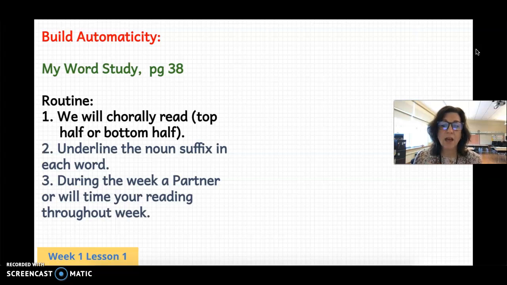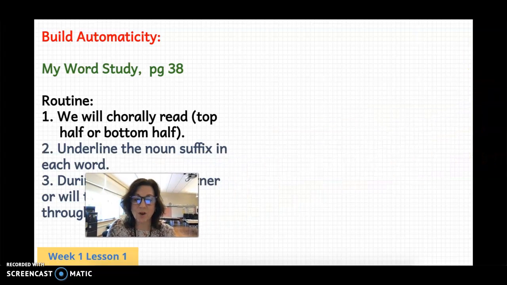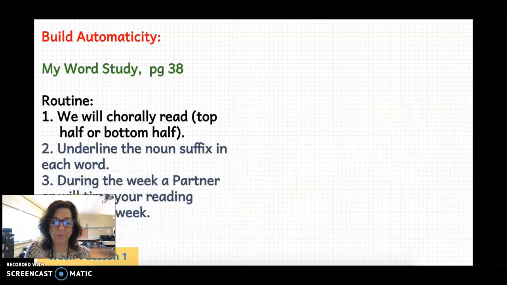And while we read, or actually after we read, I want you to underline the noun suffix in each word. And then, at a later time, I'm going to put you in breakout rooms with a partner, and you will be able to read these words with your breakout room partner. Okay? So, page 38. Go ahead and turn to that.